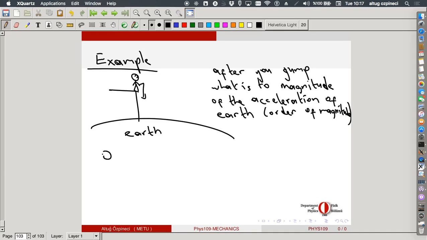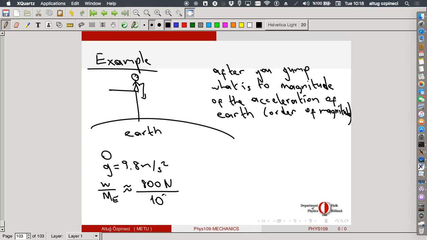Zero. 0, G. Okay, the answer is 0, G. 9.8 meters over second squared. That's G. Your weight over the mass of the Earth, which is, well, let's see, your weight is something like 800 newtons.